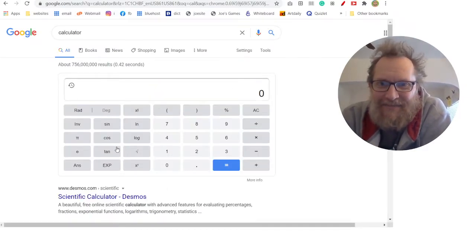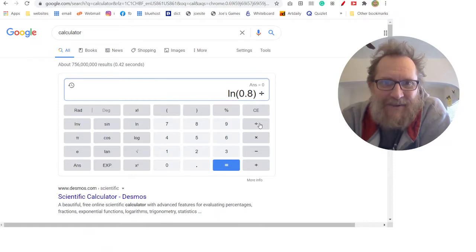All right, I've got natural log 0.8 divided by 0.00012. I think that's supposed to be a negative, but other than that, I think I remembered that correctly.